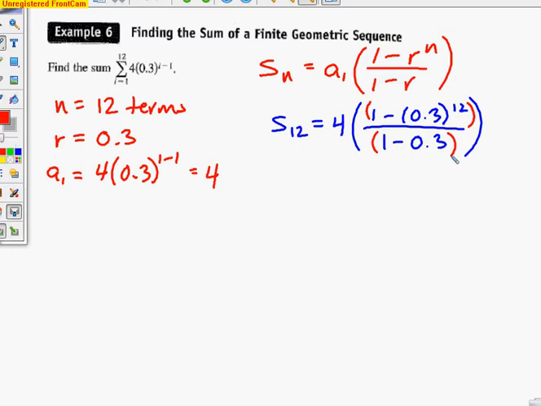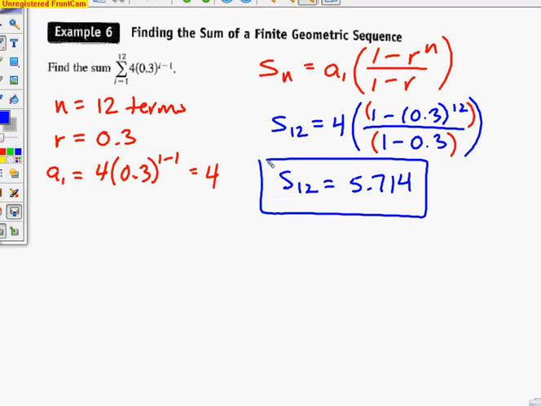And we get a sum of 5.714. So there's the sum of a finite geometric sequence.